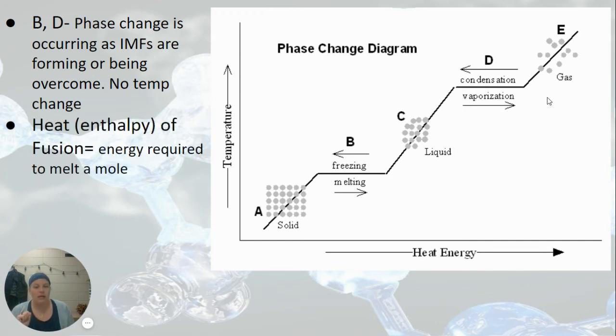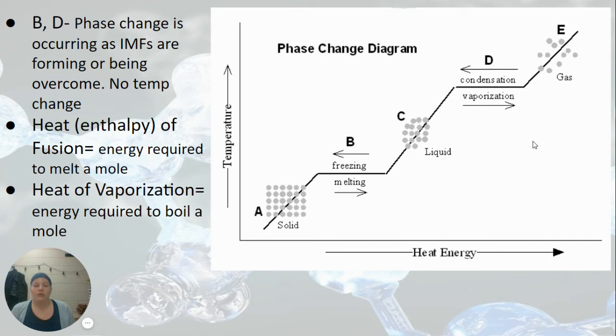You're going to hear the term heat or enthalpy of fusion. That is the energy that's required to make this transition happen. In the future, we are going to be talking a lot about these calculations, but I just want to introduce the term here. The other one is heat of vaporization.